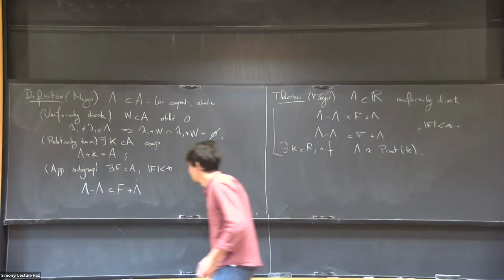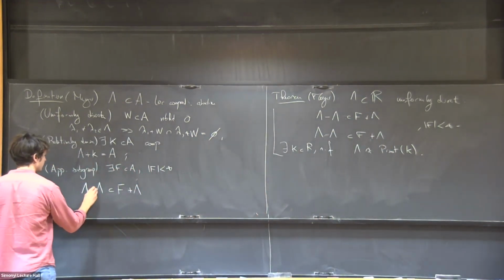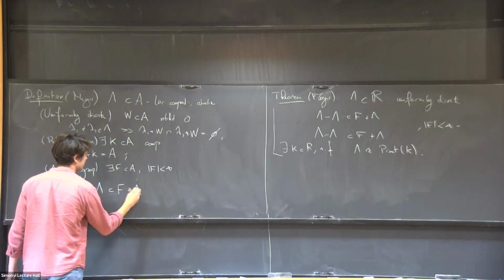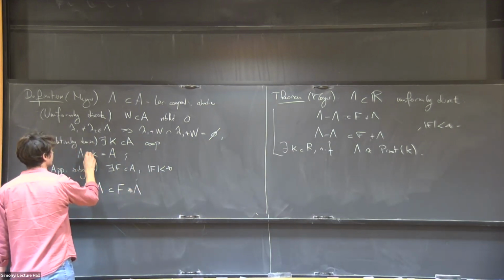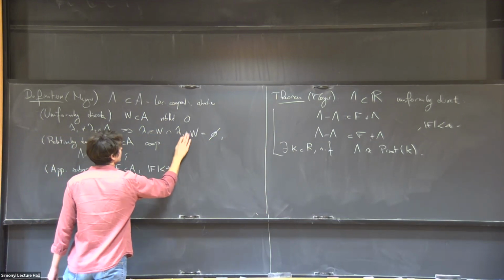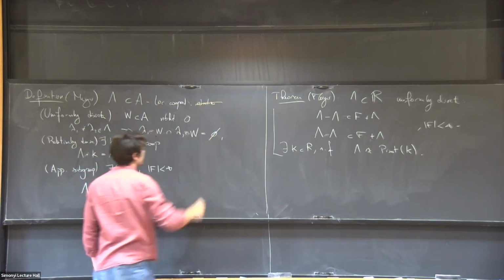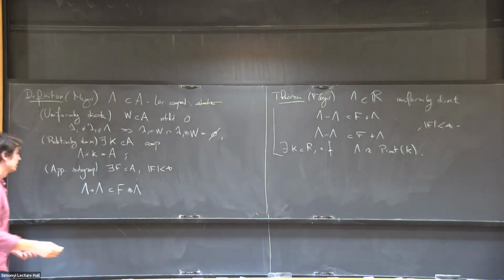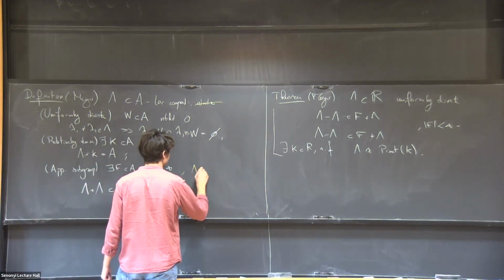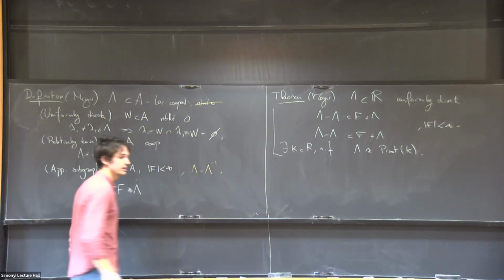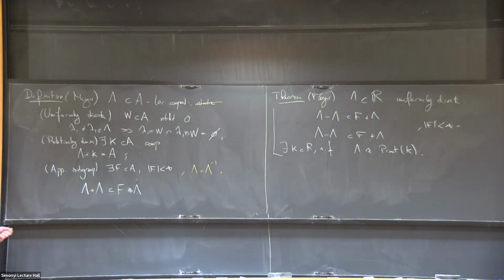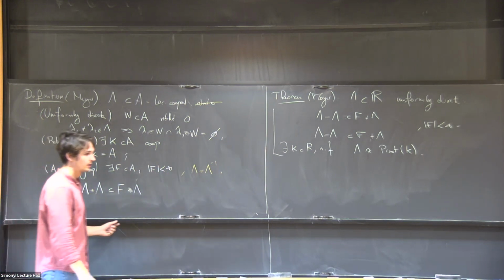What you do, you replace this minus here by multiplication, and you forget about the abelian. And what you might want to do for convenience is ask that you have a set that contains all of its inverses. So all of a sudden I have a perfectly nice definition that works in the non-commutative groups.